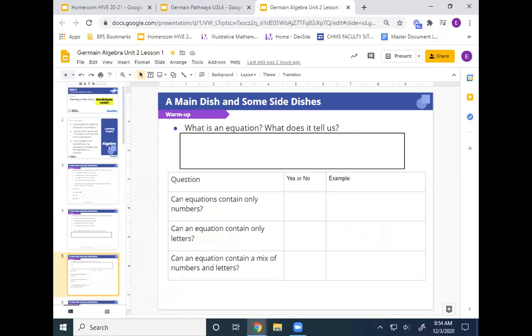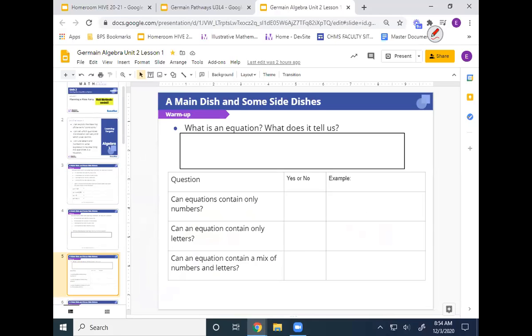Okay, last piece here we're going to look at. Can equations contain only numbers? Yes or no? Let me know in the chat. Okay, we're going to talk about what an equation is. An equation is 2 expressions or 2 quantities set equal to one another with an equal sign.